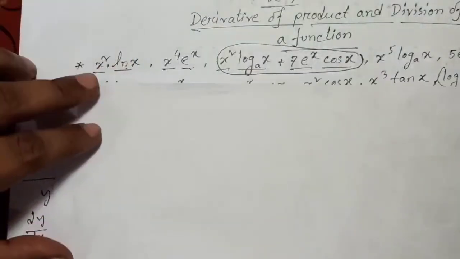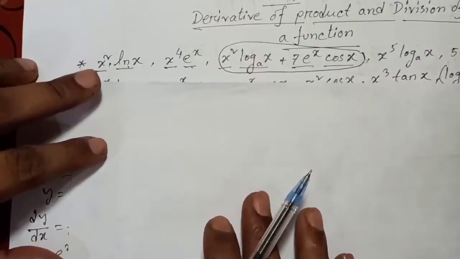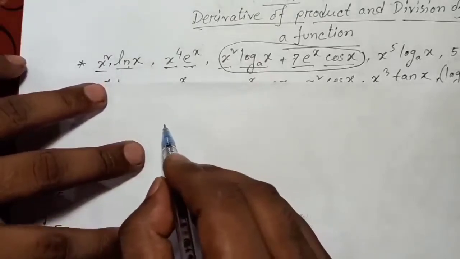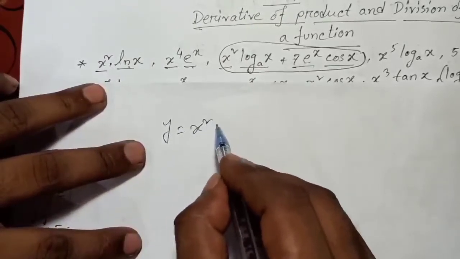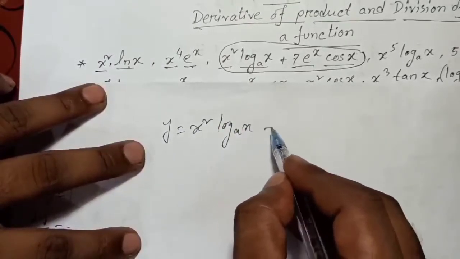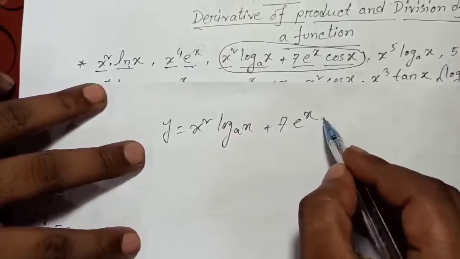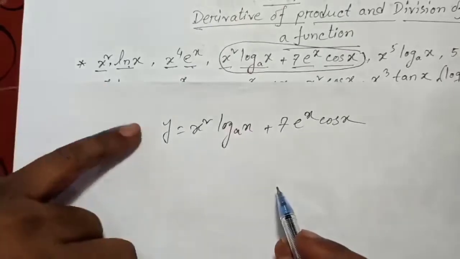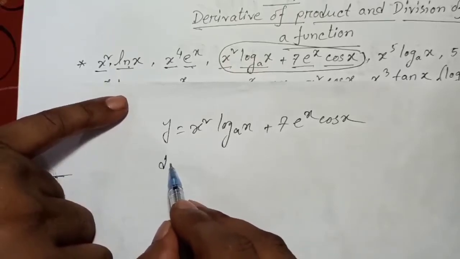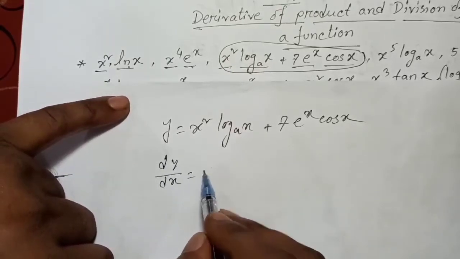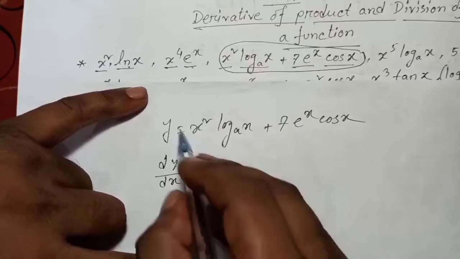Okay, let's check it out. Here I'm writing the problem: y equals x square log base a x plus 7 e to the power x cos x. So we have to write d/dx of y equals, I'm just going to shorten it.